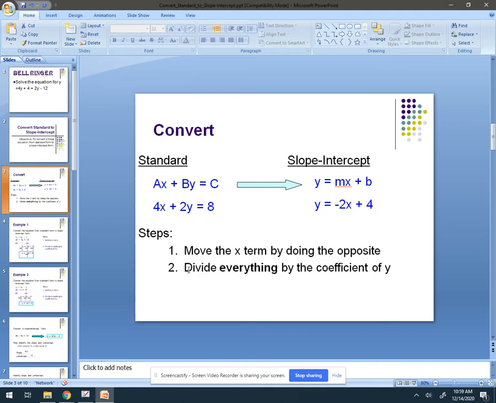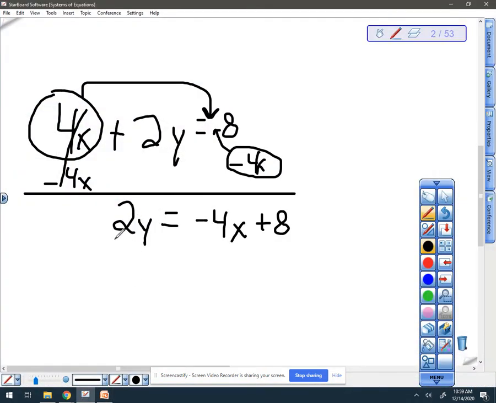Step two, like you see here, says divide everything by the coefficient of the y. So that's the number in front of the y. What's in front of the y? It's a 2, so we're going to divide everything in the equation by that number. So if we look over here, we have a 2, so we're going to divide everything by that 2.